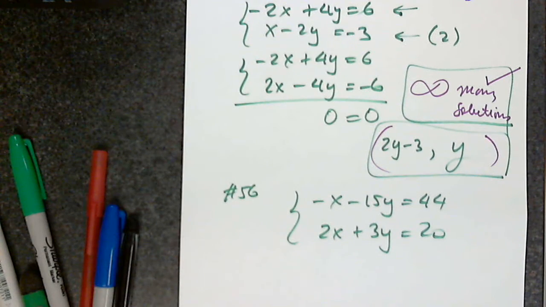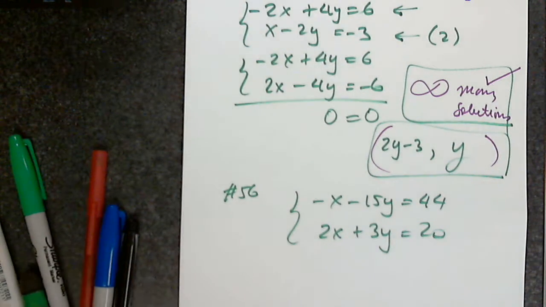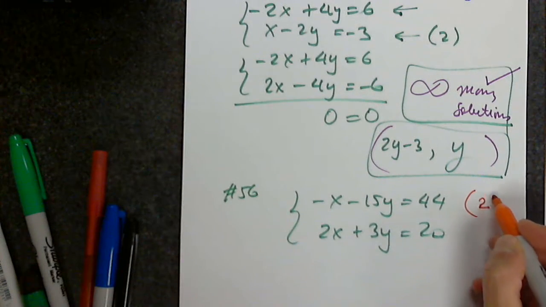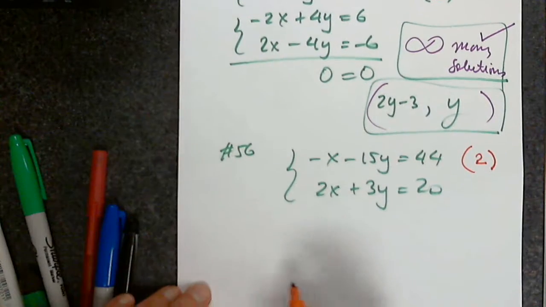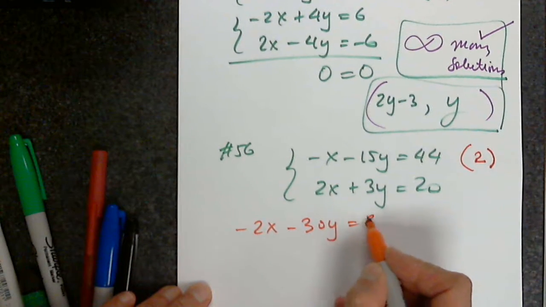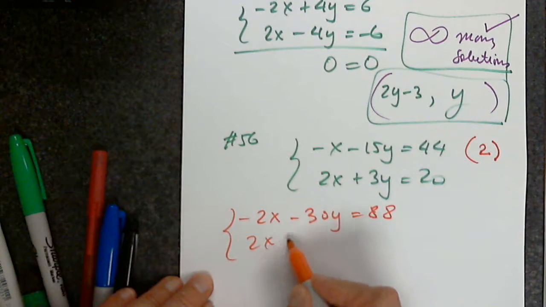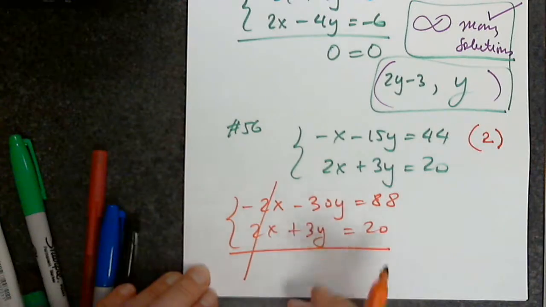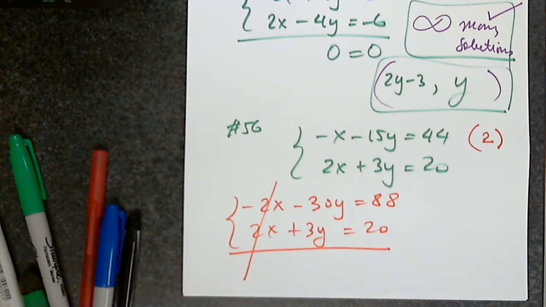Okay, ready? Any suggestions here? Very good, excellent. So negative 2x, negative 30y equals 88, and 2x plus 3y equals 20. Obviously, we're trying to eliminate x. Is this okay?